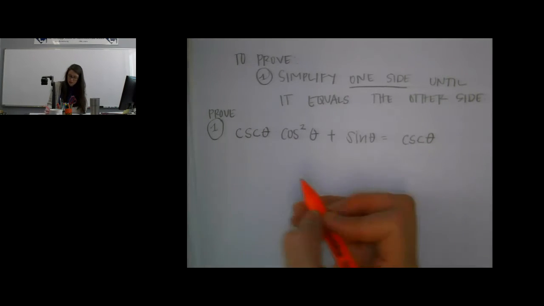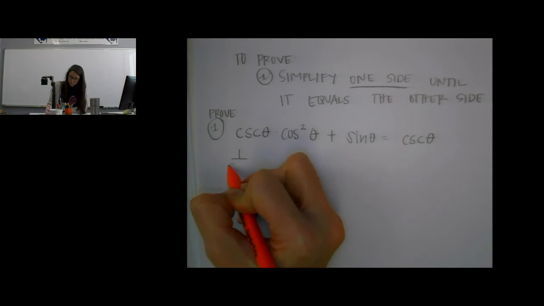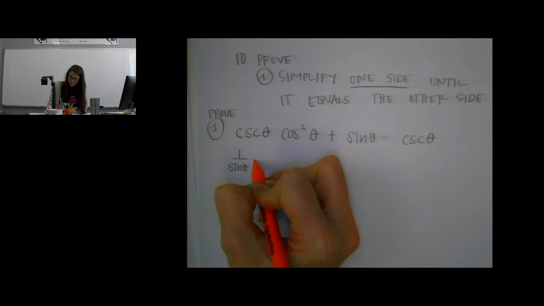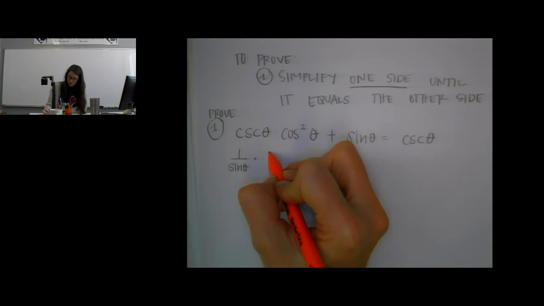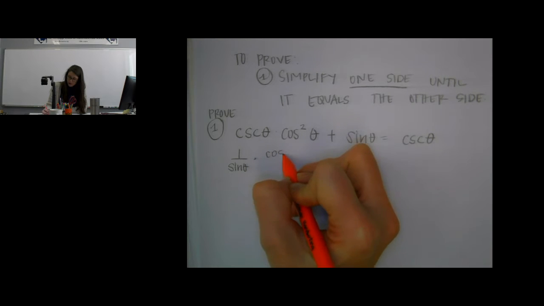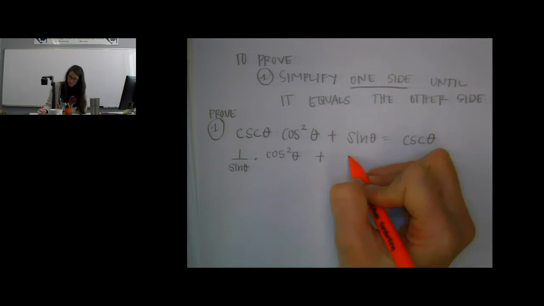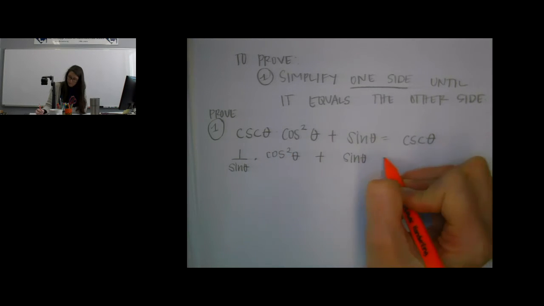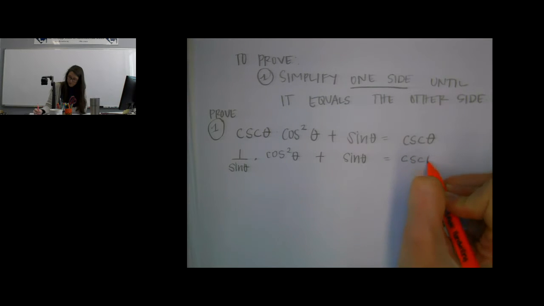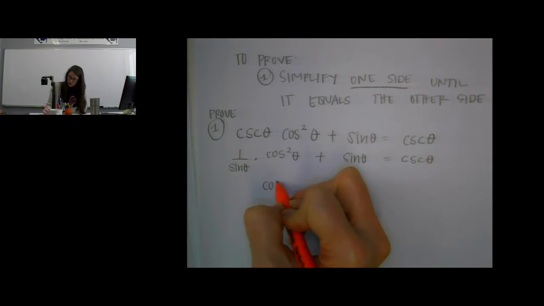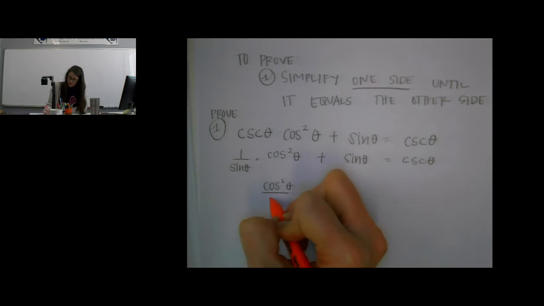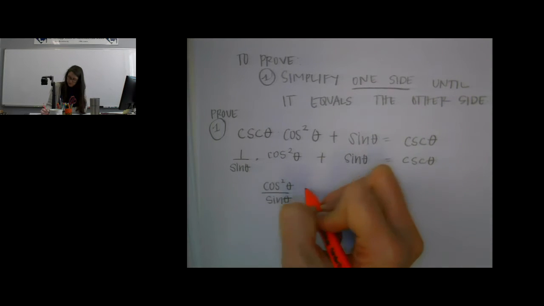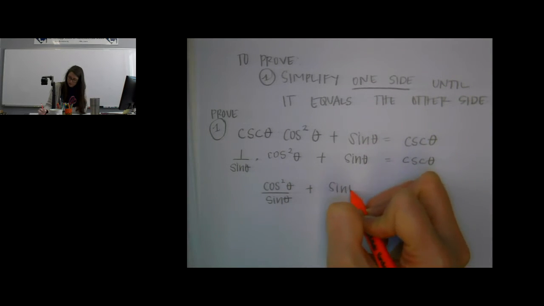So cosecant is 1 over sine, and then you can just leave that as cosine squared. So this is just cosine squared over sine plus a sine.